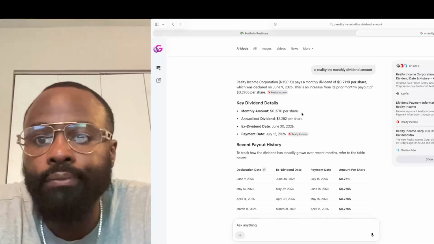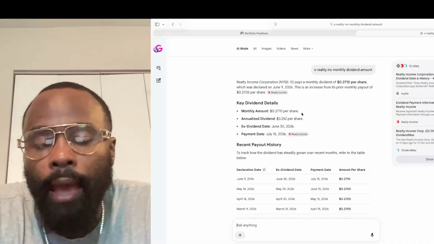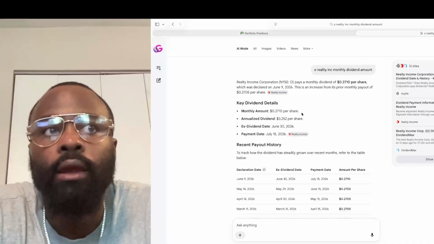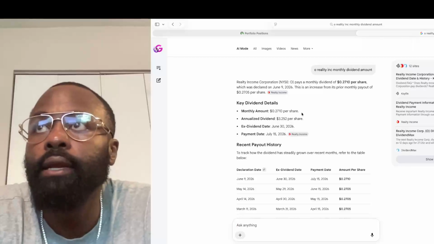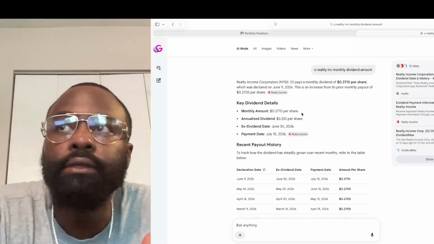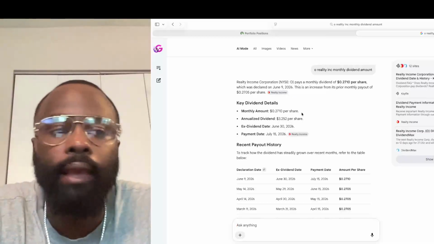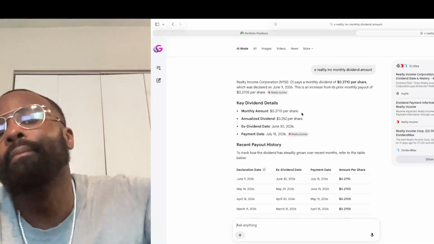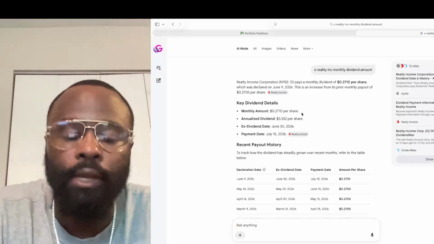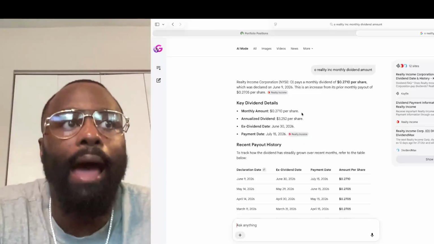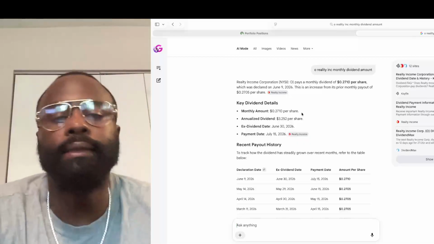So when I look at that, I can't just say, okay, it's currently trading at 60 something dollars a share, and I'm buying it for $60. It's a monthly dividend paying stock, so I'm expecting to get at least 60 cents.